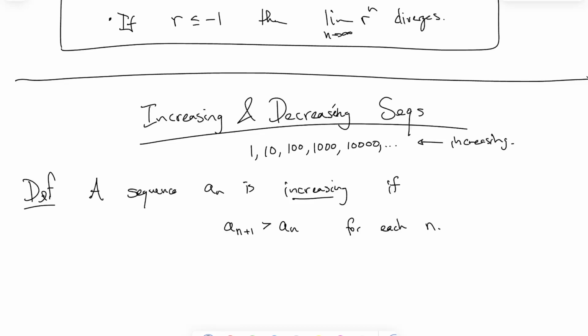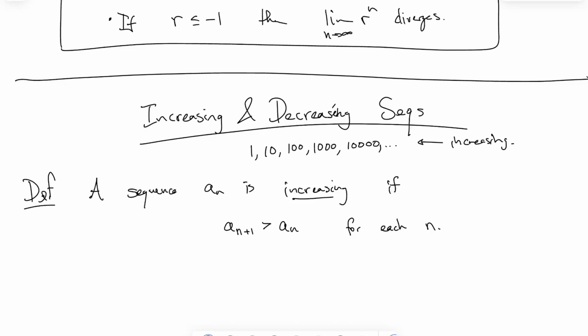Excellent. That means the next one is always bigger than the one that came before. That is what increasing means. Sometimes this is referred to as strictly increasing because I did not allow for it also to be equal. So increasing means every one is straight up bigger than the one that came before. They're not allowed to be equal.